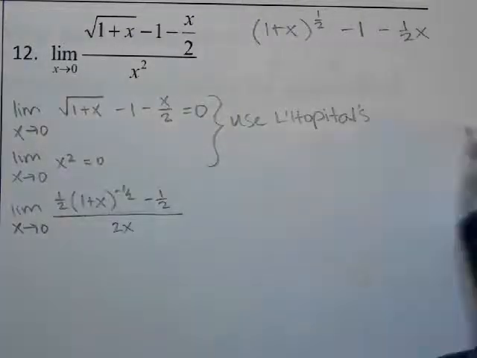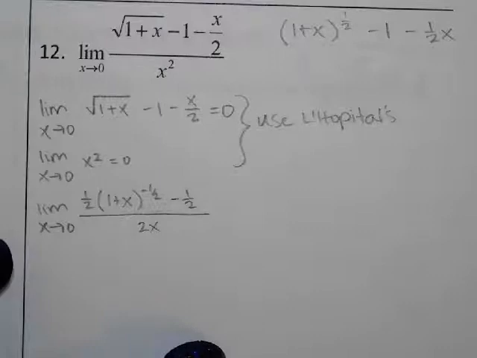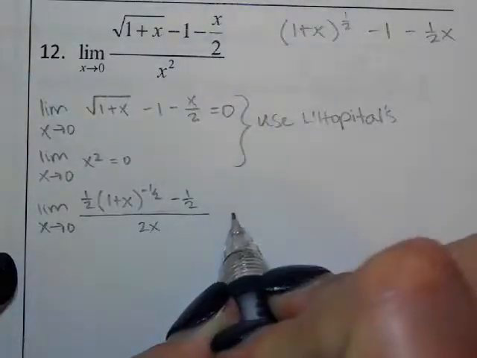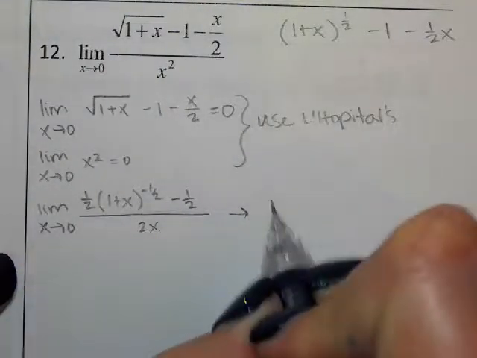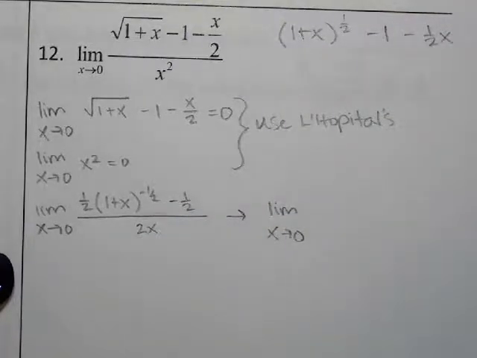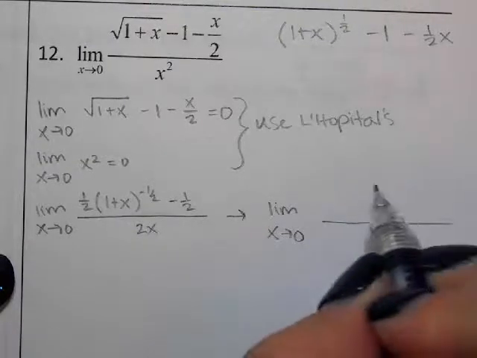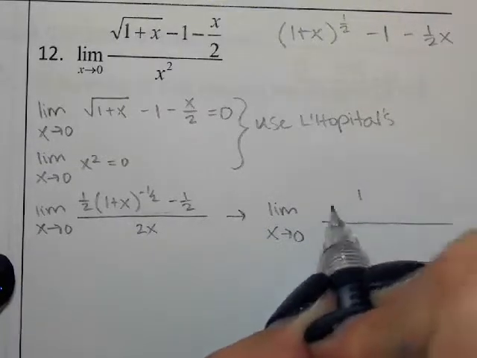All right, so what are you guys noticing? I'm going to clean this up a little bit because this is hard for my brain. So I'm going to say the limit as x approaches 0. For the top, I've got 1 over 2 square root 1 plus x minus 1/2.